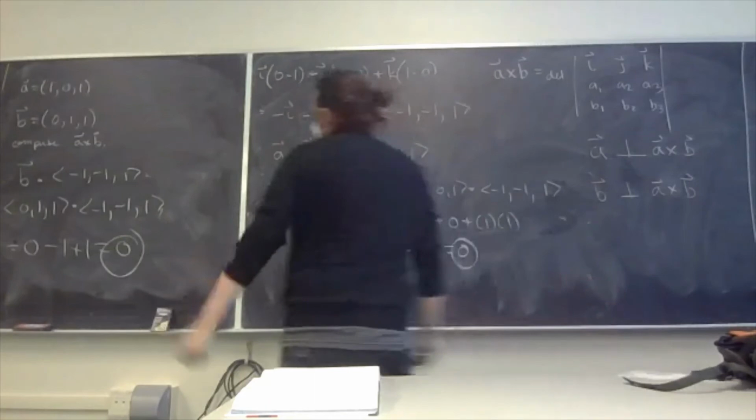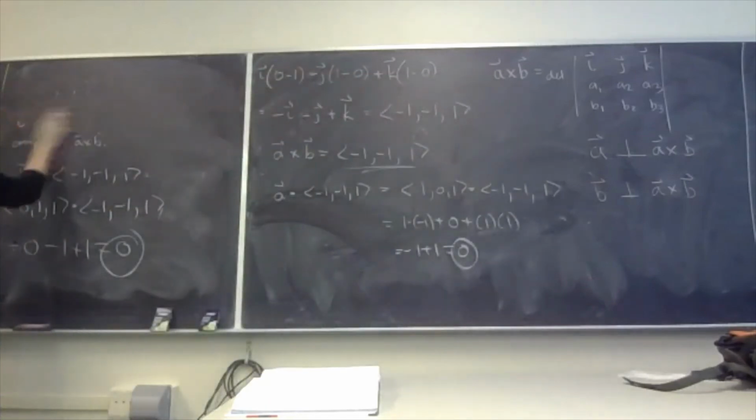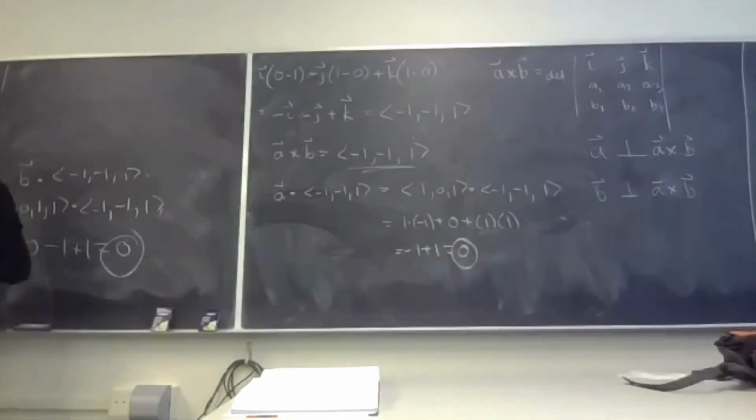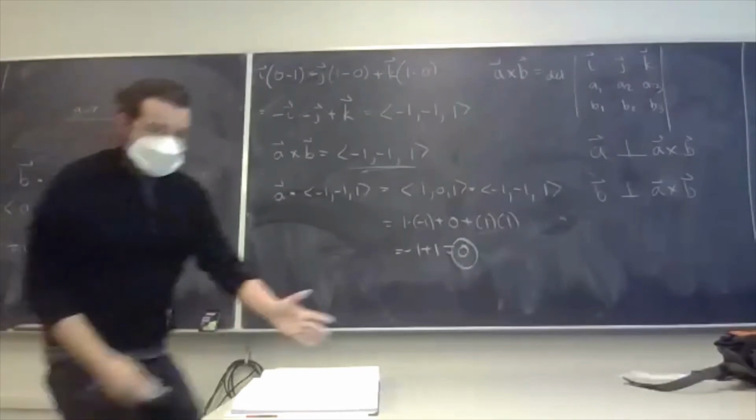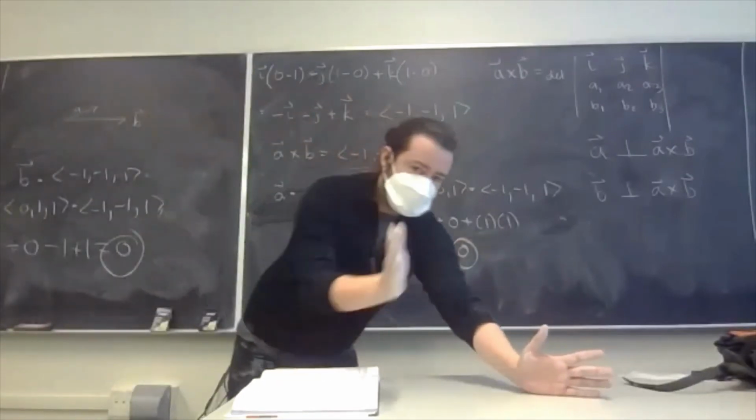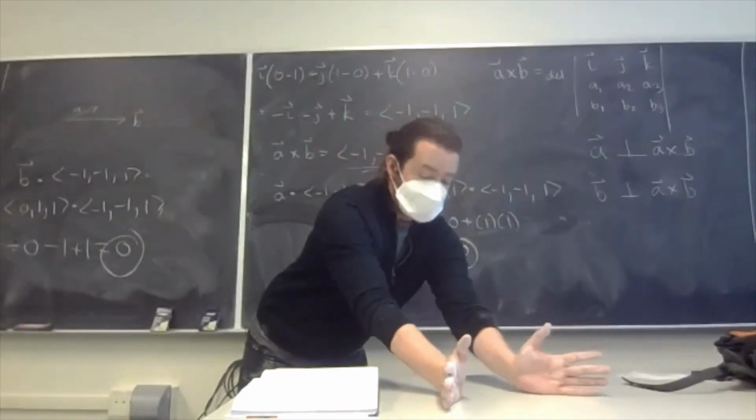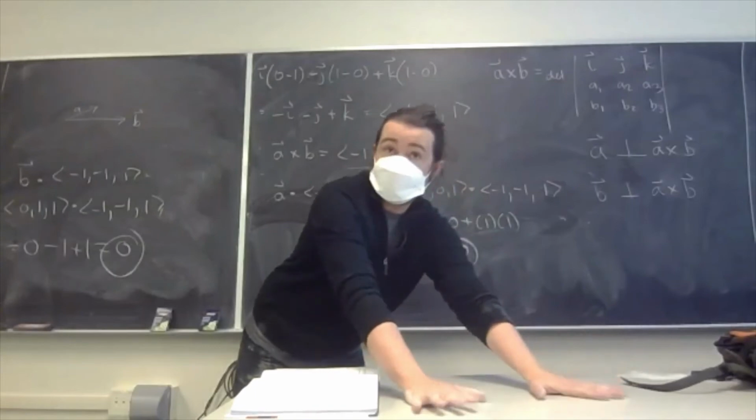So why does this come up in physical applications? And what the picture would look like is, suppose you have two vectors A and B. Any two vectors sit together, as long as they're not on the same line, any two vectors make a plane, right? You can imagine on the table here, I've got one vector pointing this way, another vector pointing this way. They sit together in the plane of the table, right?